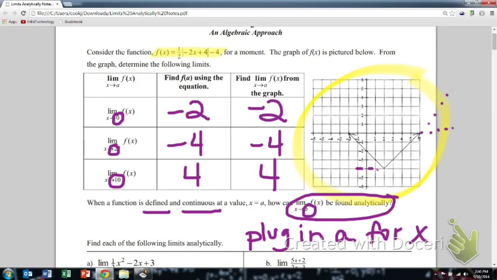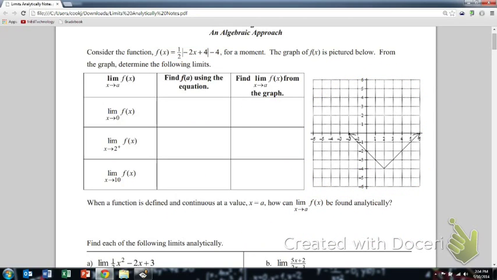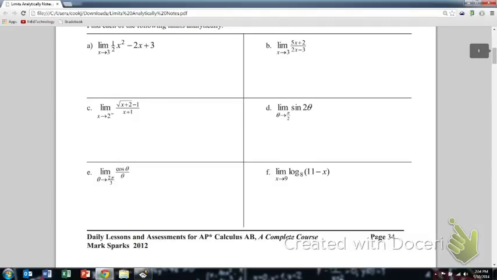Underneath here are some examples that you can work. You just plug in. I'm going to pause the video and work these through. I encourage you to do the same thing, and then I'll run back through them real quick.